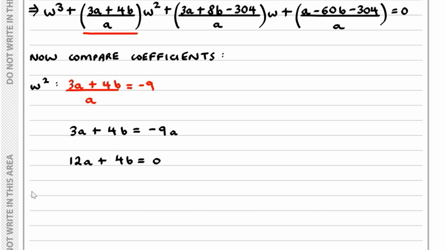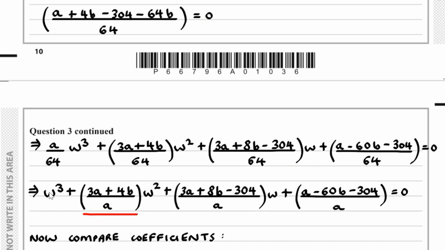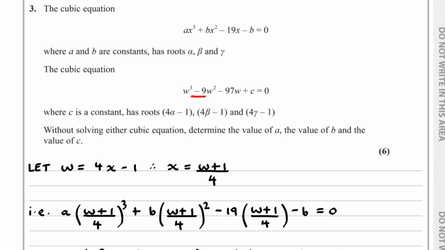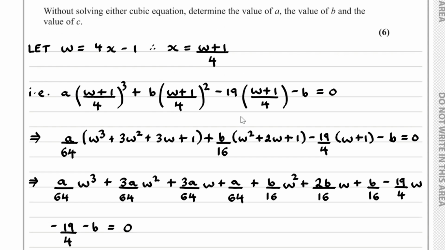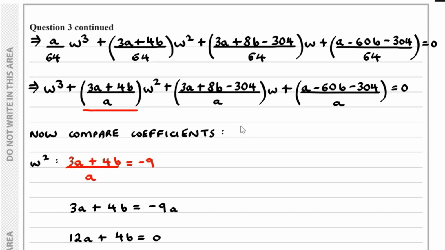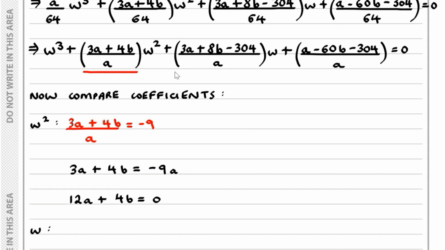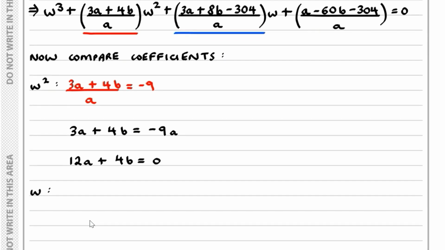Now, if we compare the w's, you can see we've got minus 97 of them, and here we have 3a plus 8b minus 304 over a of them. So if we compare the w's, we have 3a plus 8b minus 304 over a.